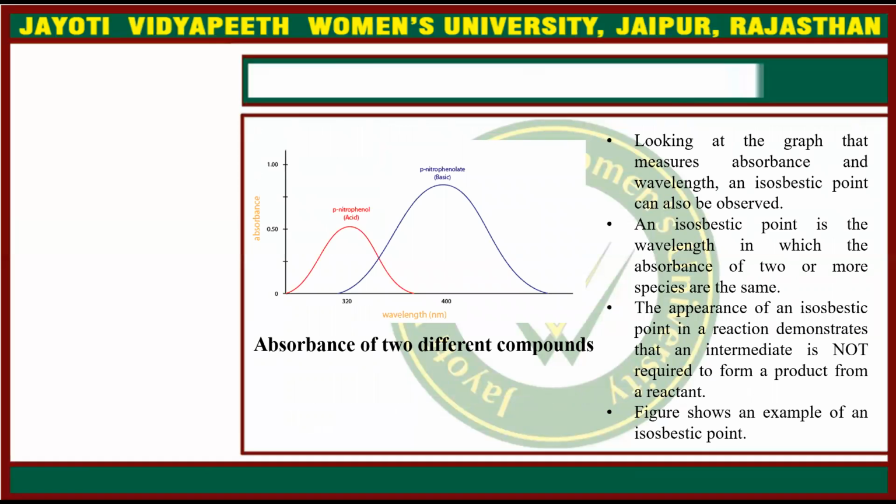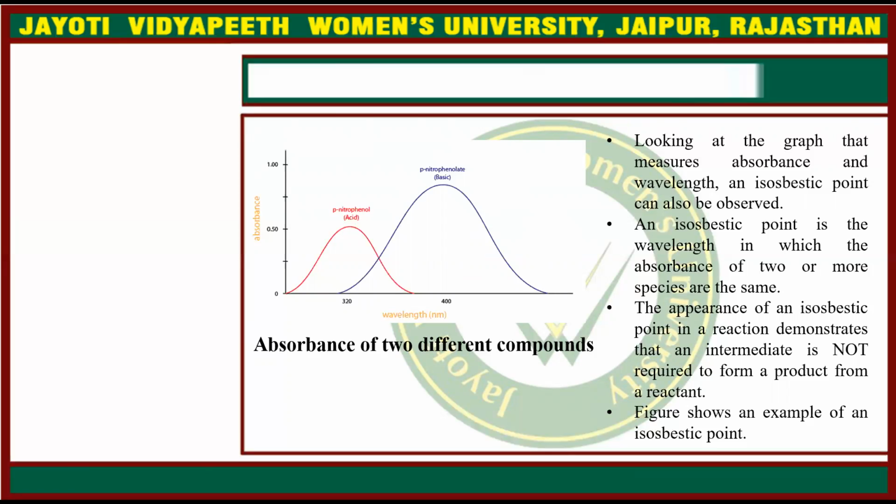Then absorbance of two different compounds. This is basically a graph between the absorbance and the wavelength in nanometers. Looking at the graph that measures absorbance and wavelength, an isosbestic point can also be observed. An isosbestic point is the wavelength at which the absorbance of two or more species is the same.